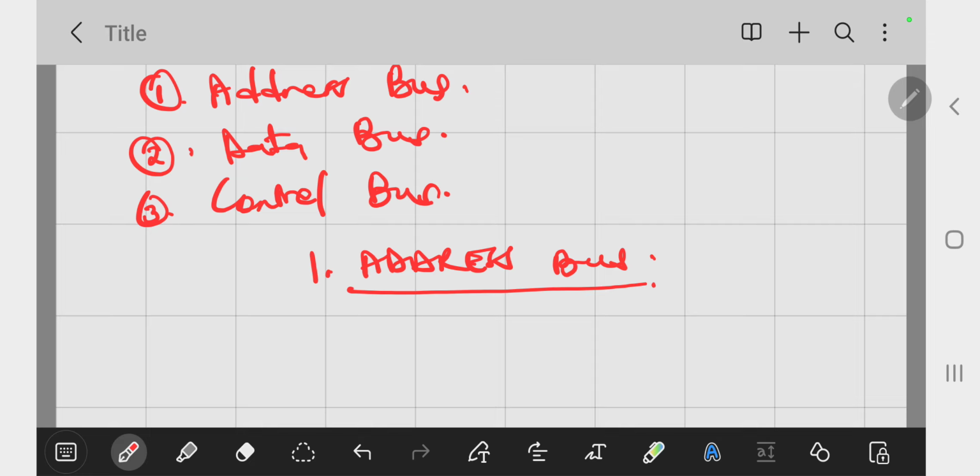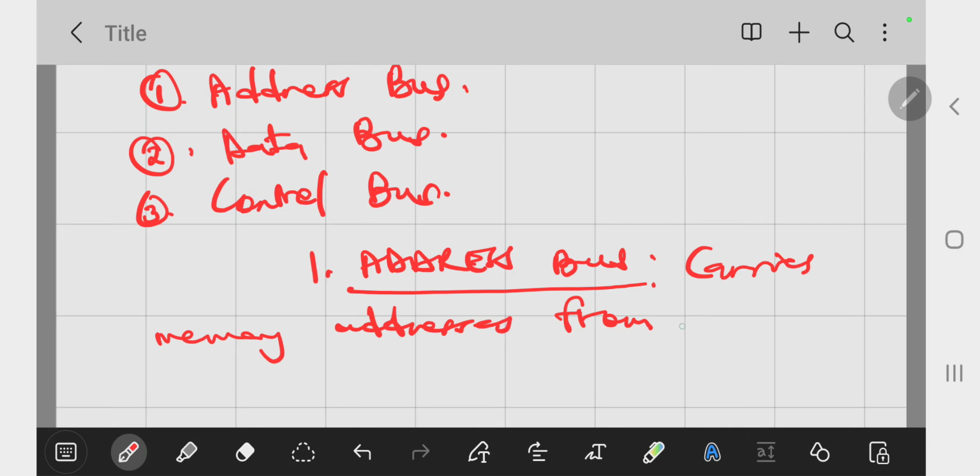So when you look at an address bus, what this does is that it carries memory address from the processor. This is very much important.